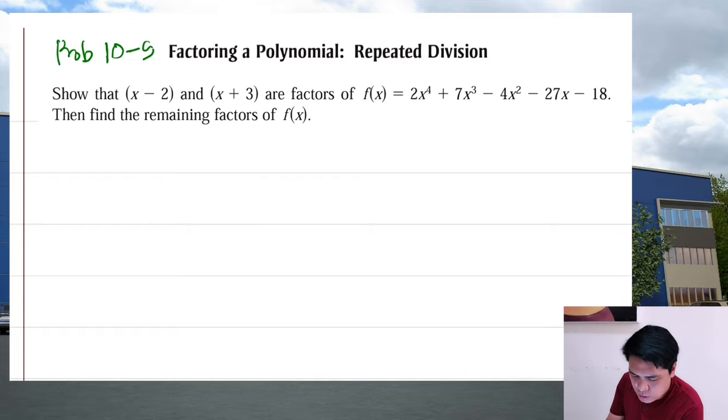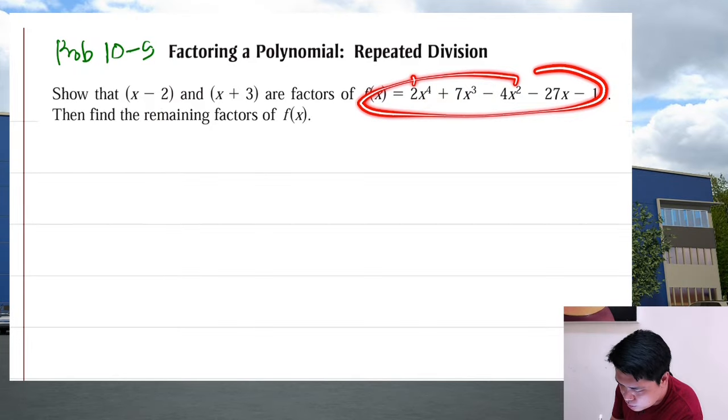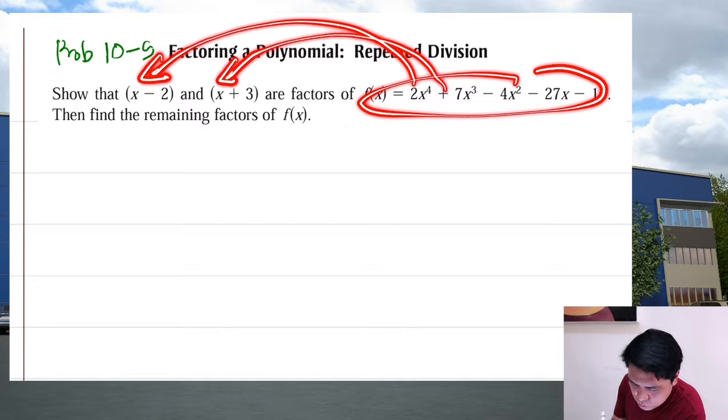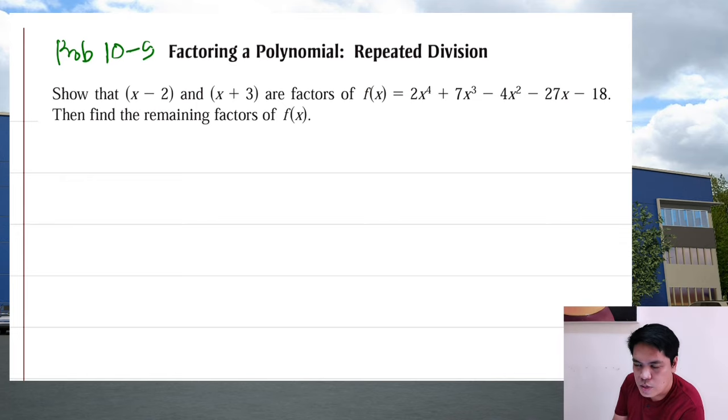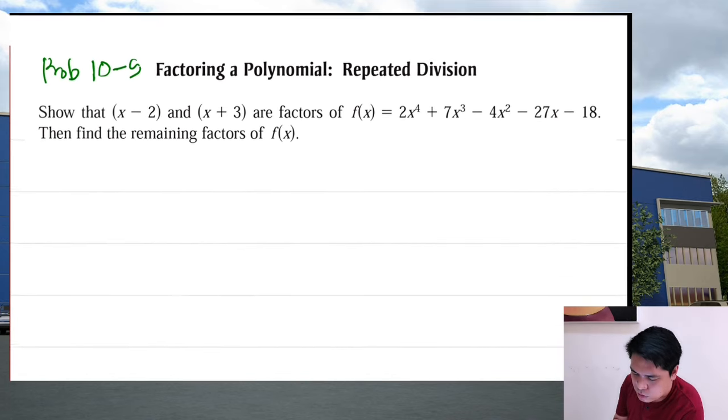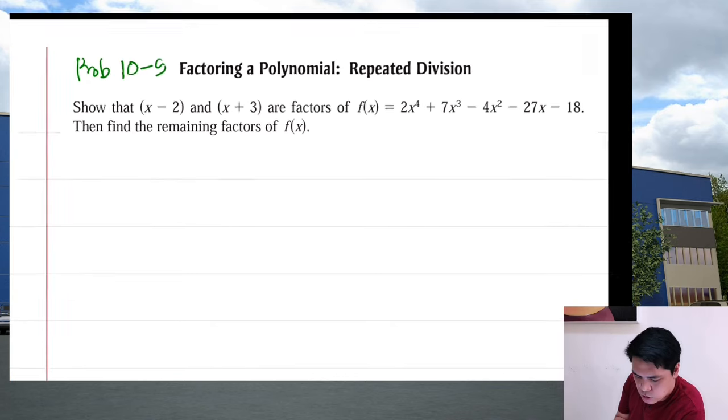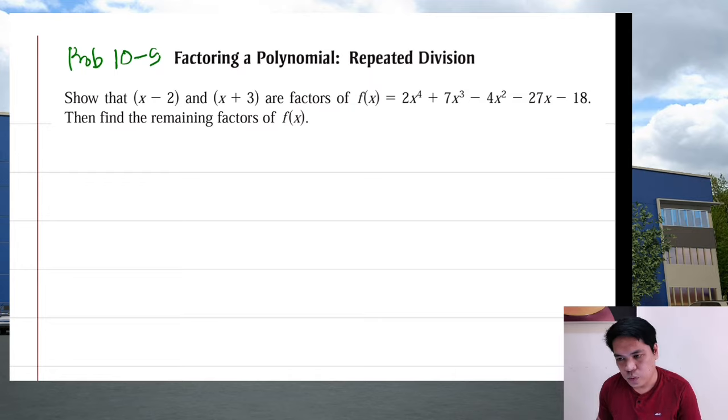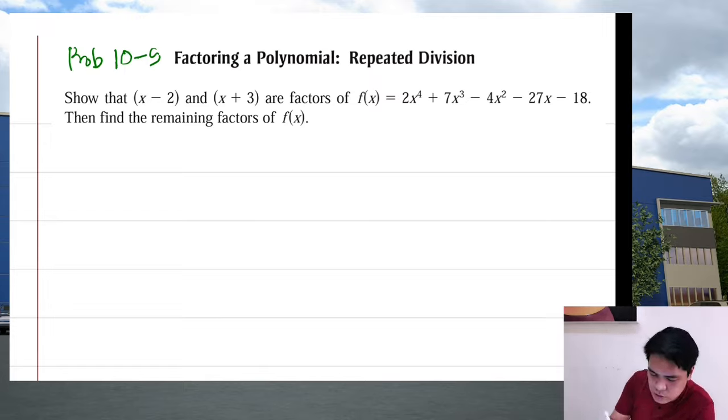So if we divide this polynomial by this or by this, the remainder should be equal to 0. That's all. This time, let's not do long division, although long division is very useful, especially when we are graphing polynomials. We'll go back to that later. Let's just use synthetic division because that's much faster and easier.